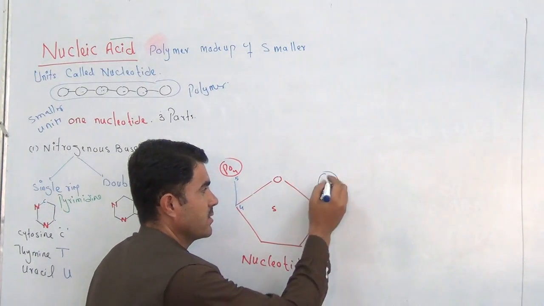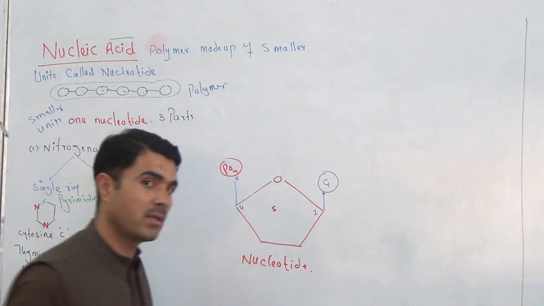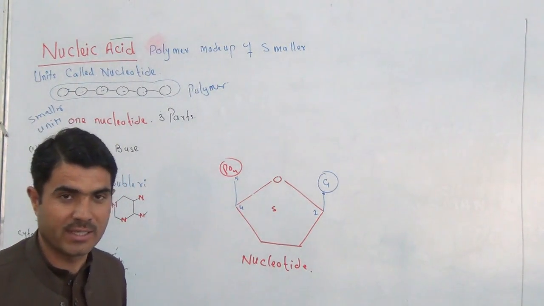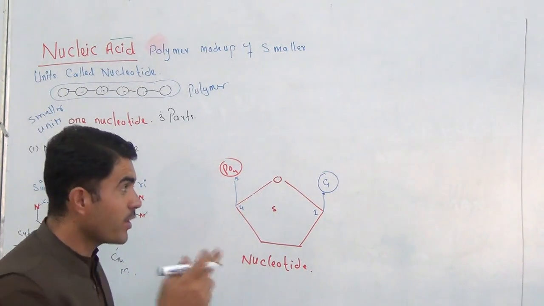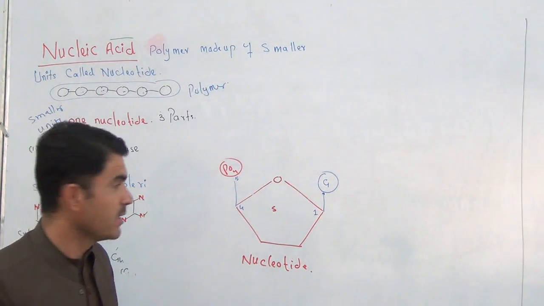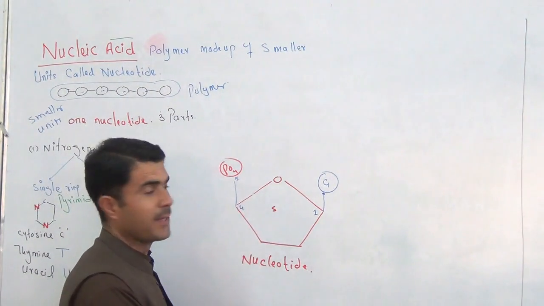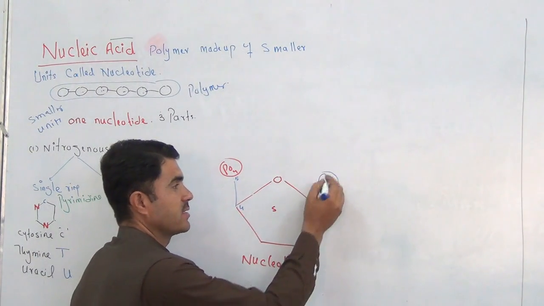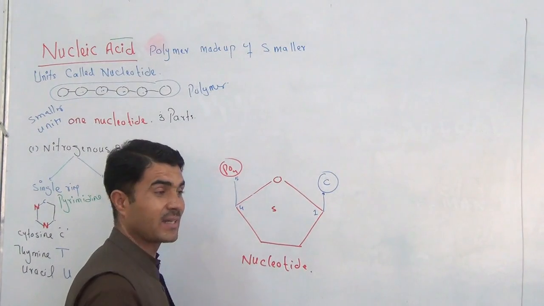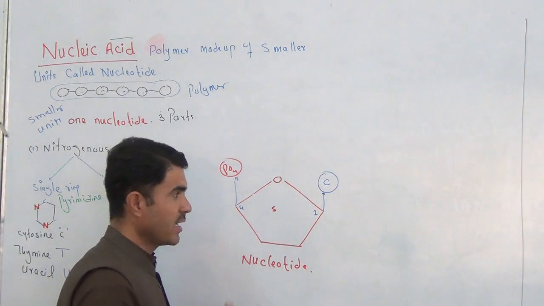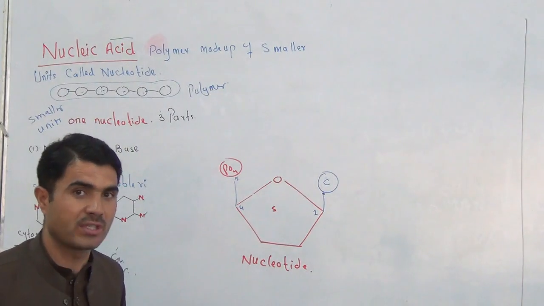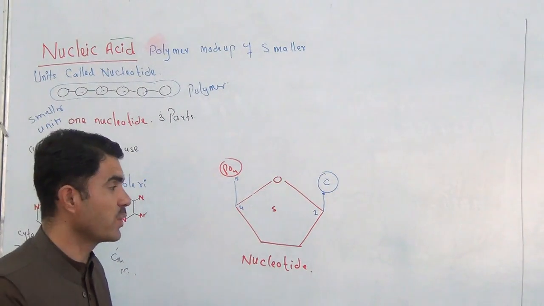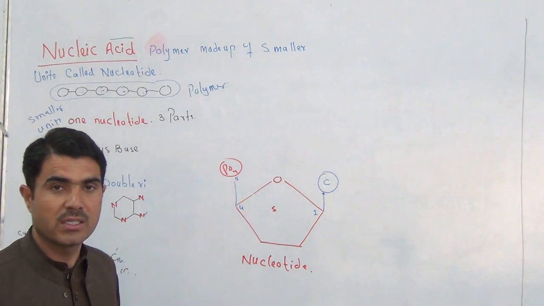And if I write G here, it is called a guanine nucleotide. So the whole name of the nucleotide is given according to the nitrogenous base attached. These two things you will find in every nucleotide, but the base determines which nucleotide it is. And if you attach C, it will be cytosine nucleotide or cytidine nucleotide. So we can have 5 different nucleotides on the basis of the nitrogenous base, because we have 5 different nitrogenous bases.